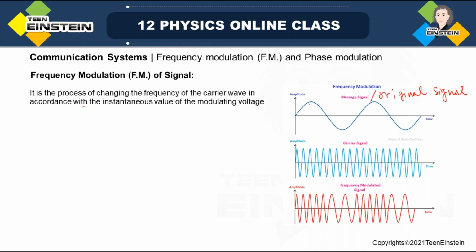You can see that it has low frequency compared to the carrier signal. This is the carrier signal. So how do you understand whether this wave has greater frequency than this wave or vice versa?